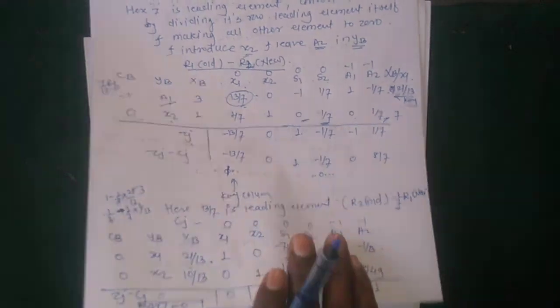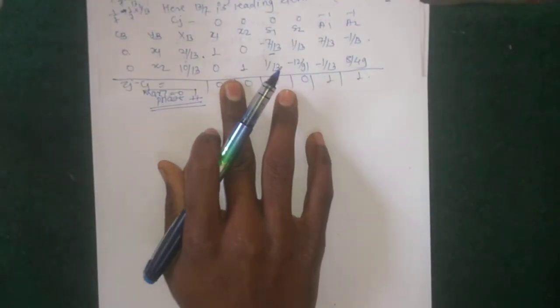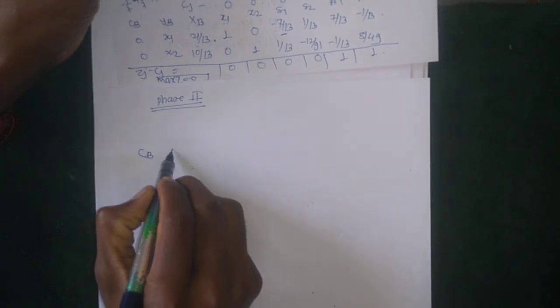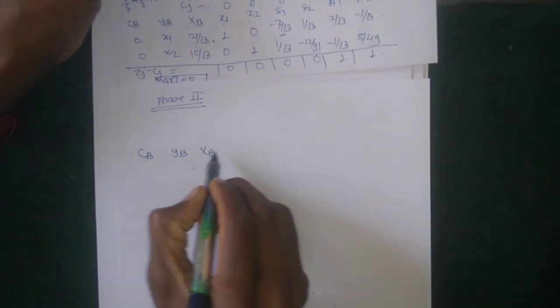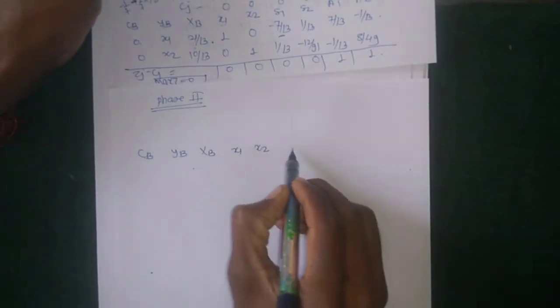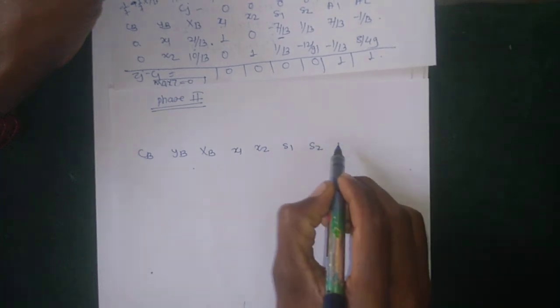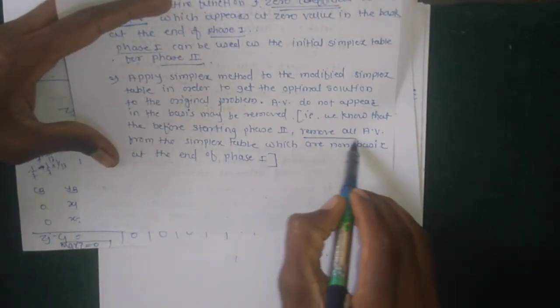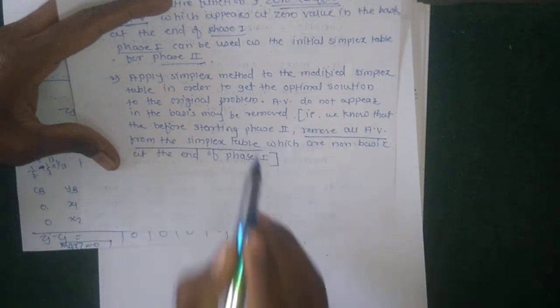Okay, so for phase second method, assigning actual coefficient in simplex table directly: cb, yb, xb, then x1, x2, s1, s2. Here also for phase second method, remove all artificial variables from the simplex table.